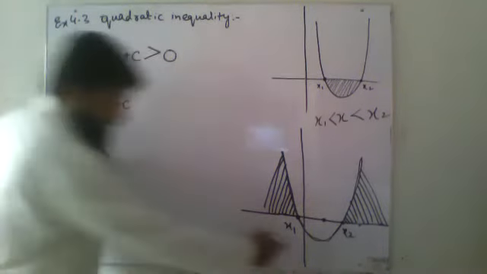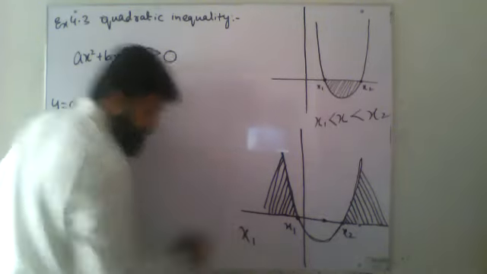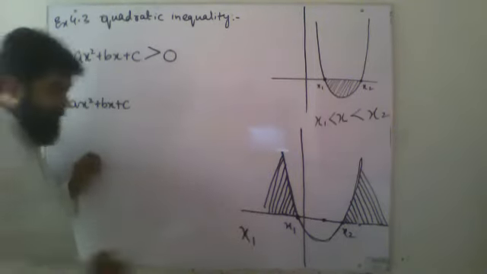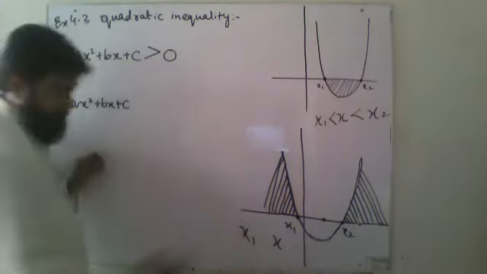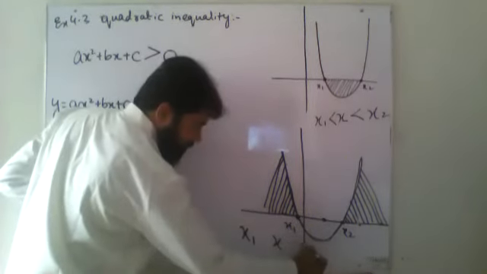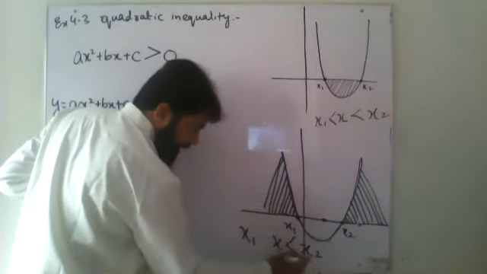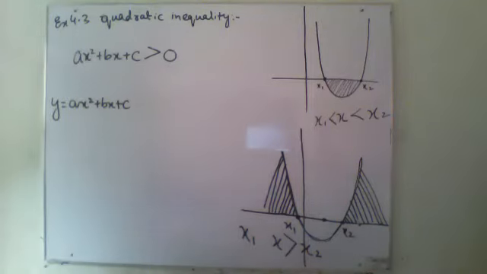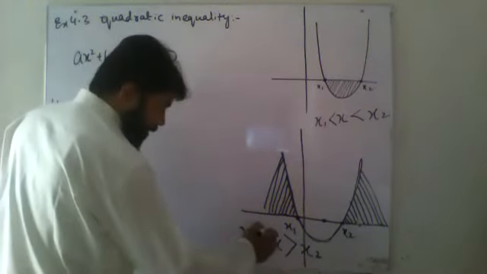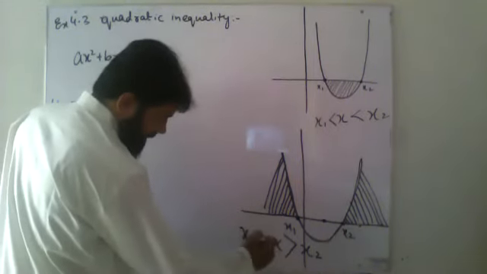For this one, x1, then the middle value will be x, and then x2. So the value of x is greater than x2. I can write it like this, and the value of x is lesser than x1.